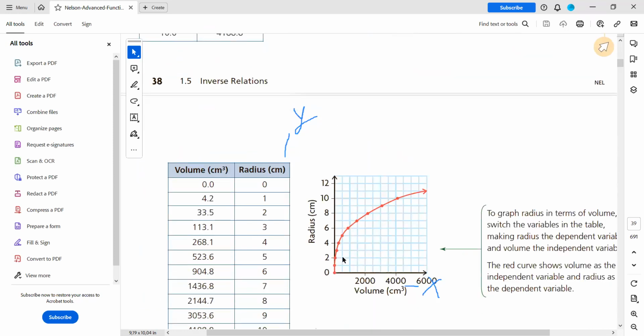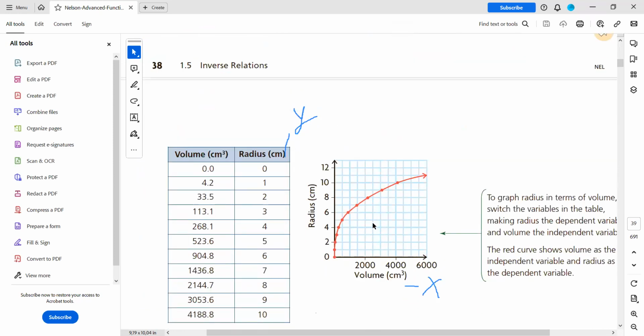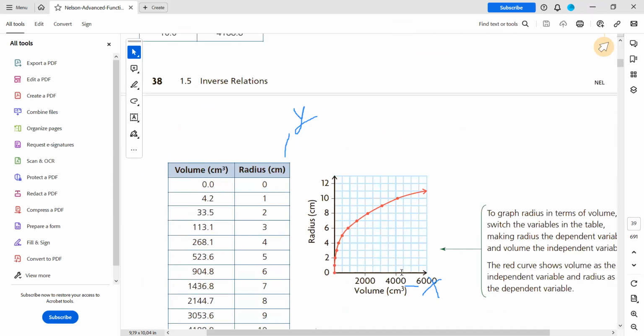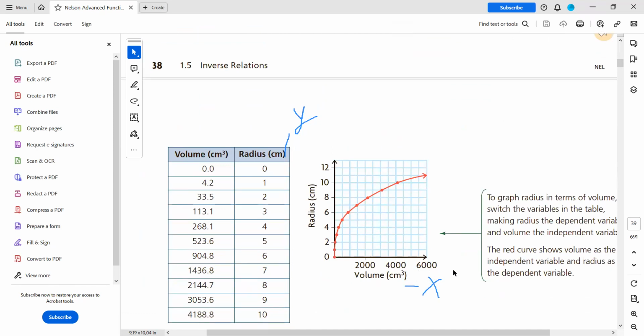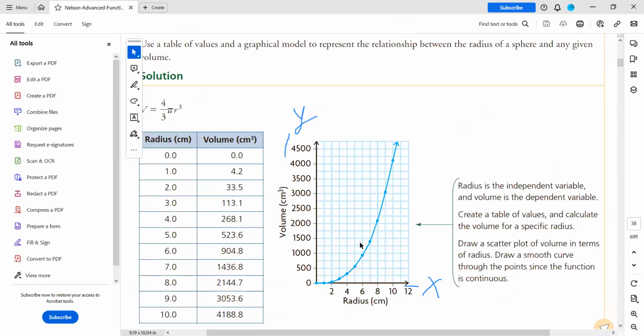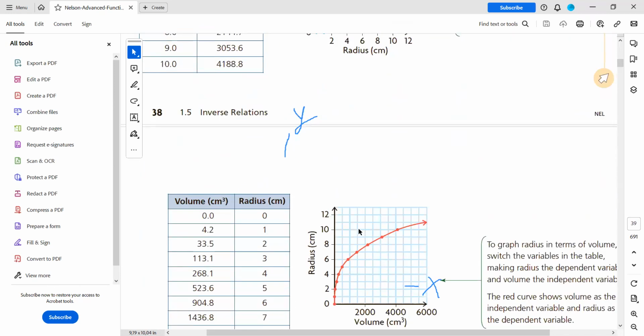If we move to the next graph, it's turned upside down. Now we have volume as the x-axis and radius as the y-axis. Opposite to what we had before.